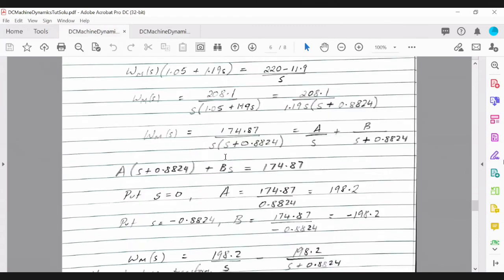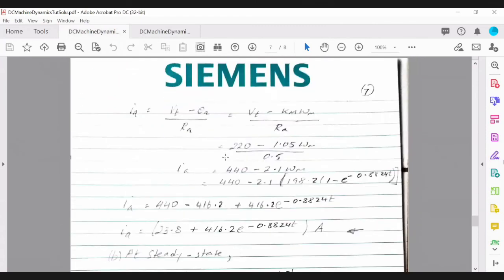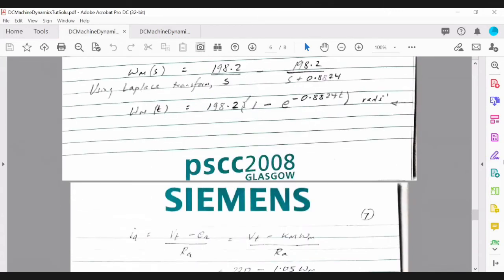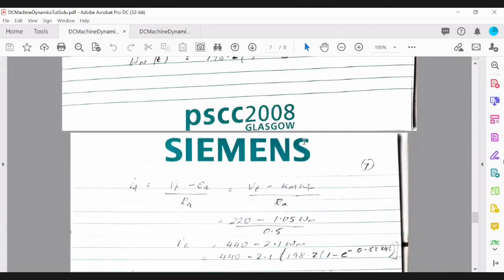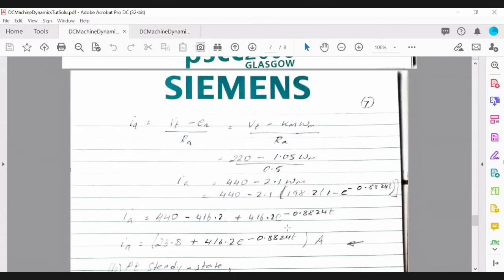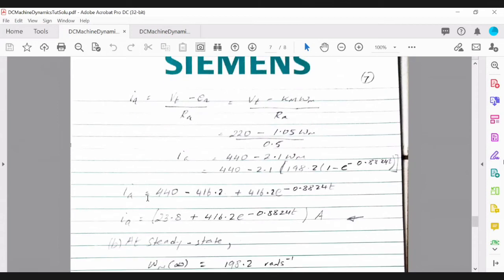So when you substitute, you end up with this expression for the current. And we know the solution for omega m, so we can substitute here and get the expression for the armature current in the time domain format.